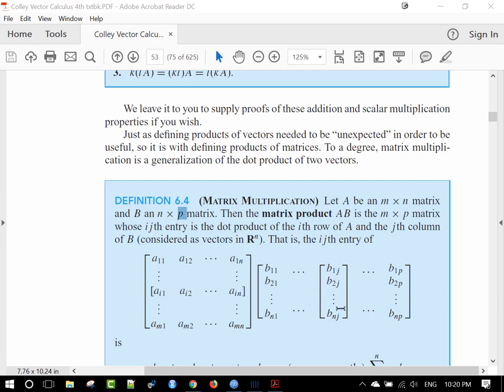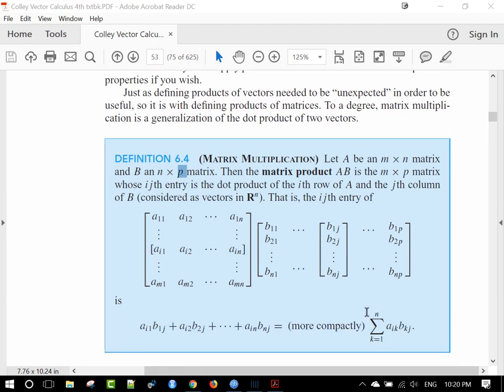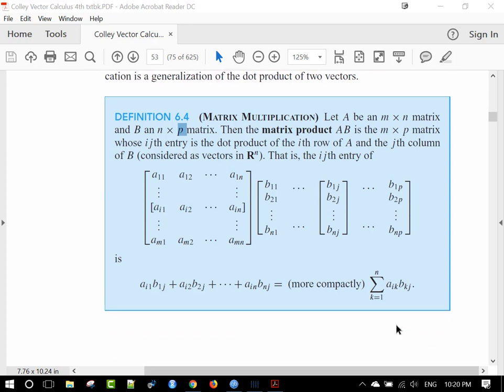Of course, you could also view these as columns, but for this situation, it's useful to view these as rows and these as columns, but you don't have to. So the question is, what is the product of this matrix and this matrix? And this gives the answer, but this is a little bit confusing. So let's look at another way of understanding it.